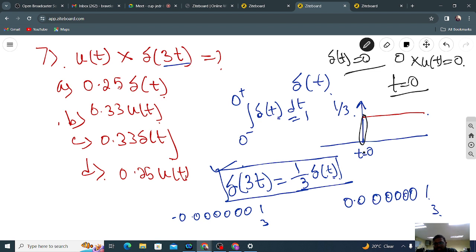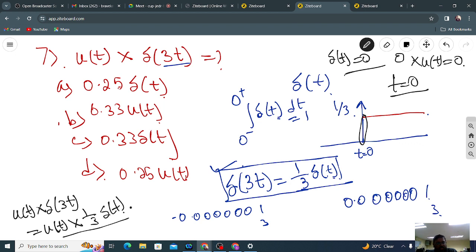Only at t equal to 0 do delta t and u(t) both have value. So u(t) into delta of 3t is equivalent to u(t) into 1 by 3 delta of t, and this is equivalent to 1 by 3 delta t, because if you multiply something by delta t, it always remains delta t.